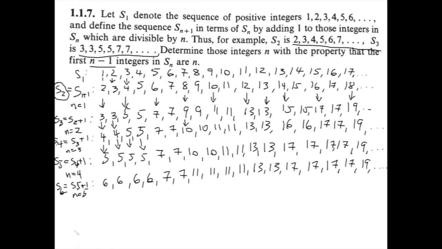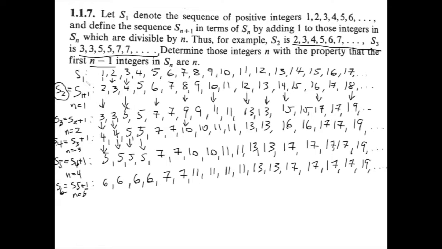S6, interesting. What I want you to start looking at is the call to question now. Determine those integers n with the property that the first n minus 1 integers in Sn are n. Well, let's look at the first one, S1.